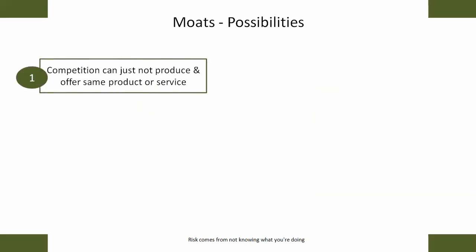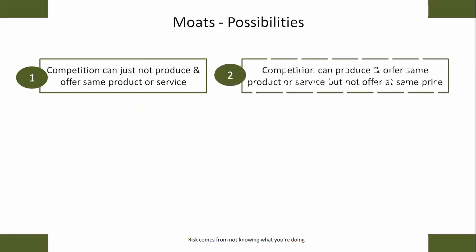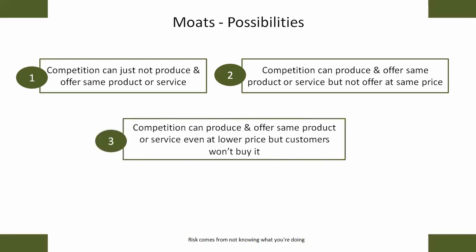First, competition is just not able to produce and offer the same product or services which the company is offering. The second possibility is competition can produce and offer the same product or service but not at the same price. And the third possibility is competition can produce and offer the same product or service even at a lower price, but customers won't buy it.